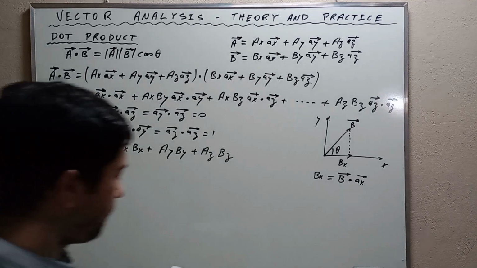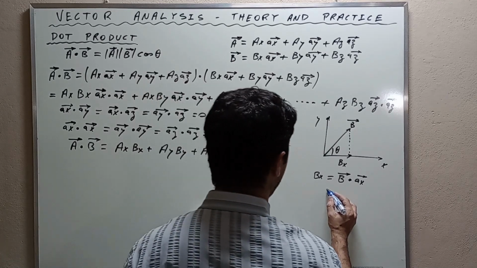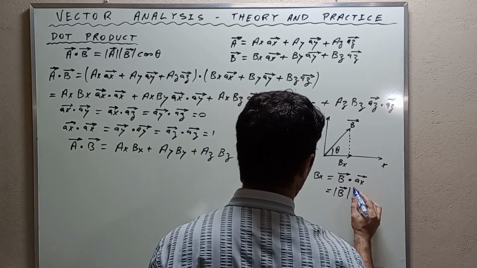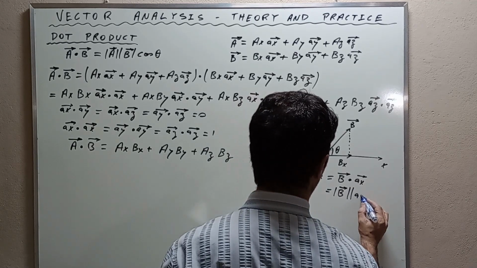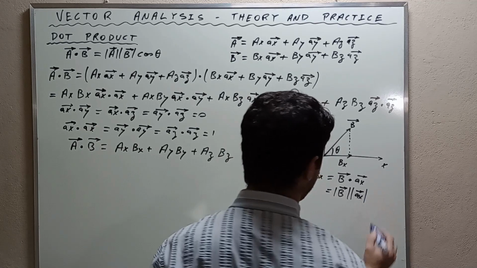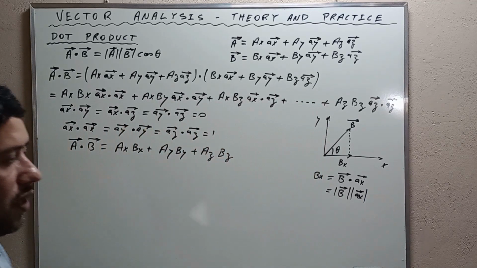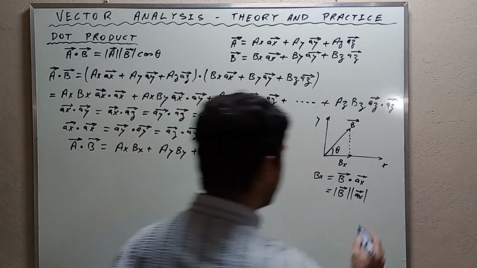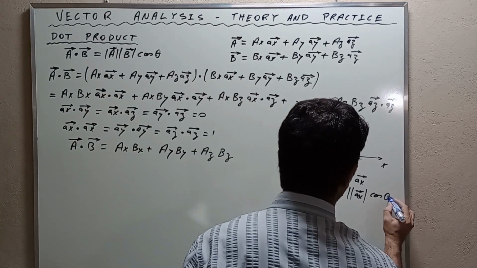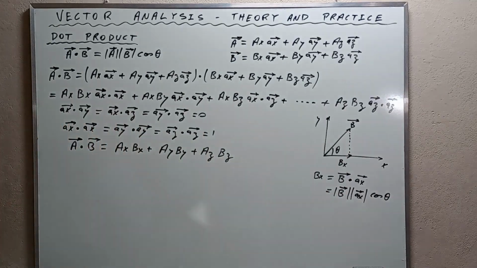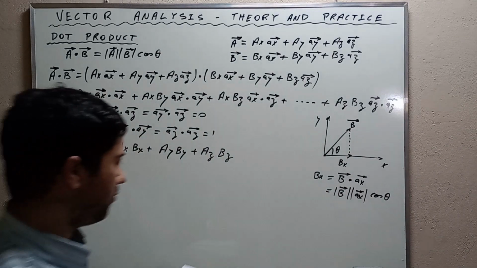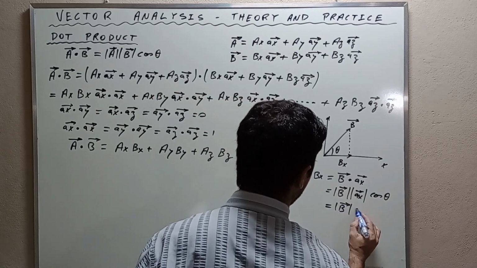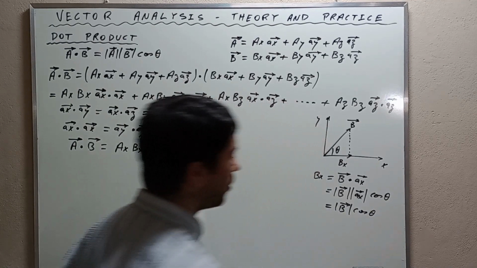Okay? And this is going to be the magnitude of b times the magnitude of ax. We know that the magnitude of ax is 1 because ax is a unit vector, times the cosine of the angle between them. And in this way, it is simply the magnitude of b times the cosine of the angle.